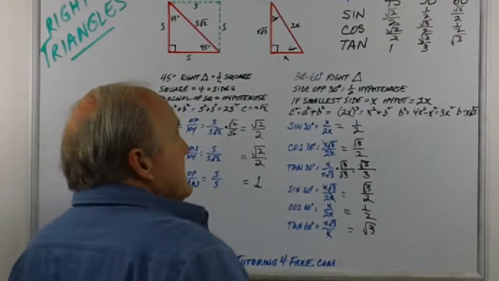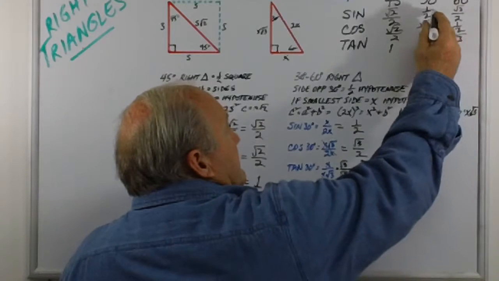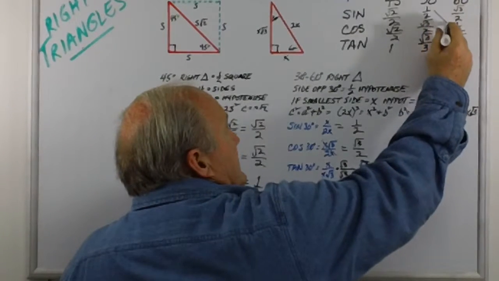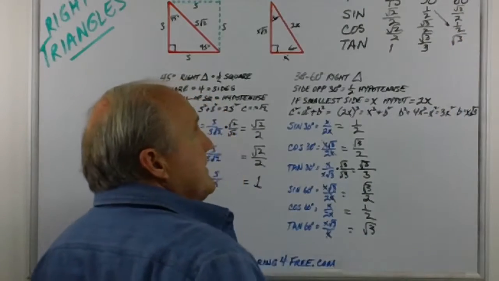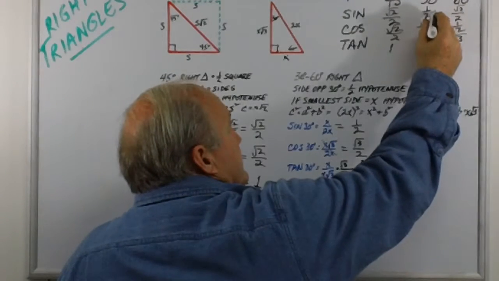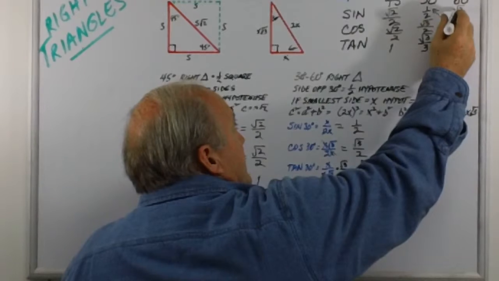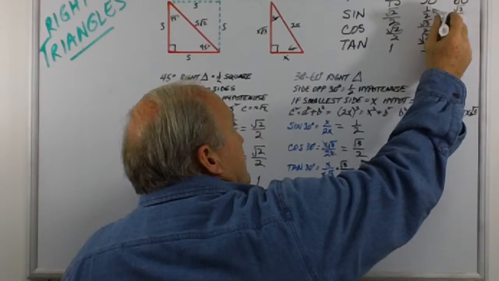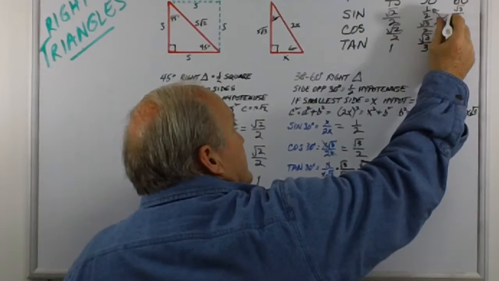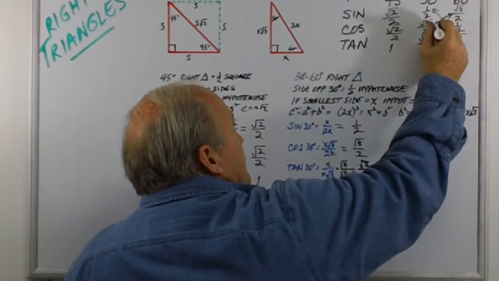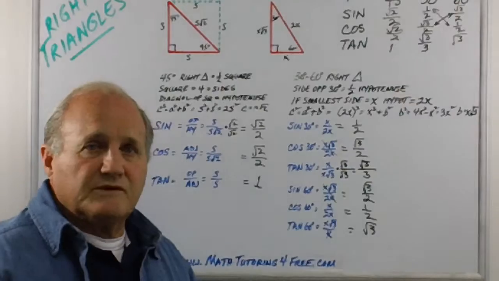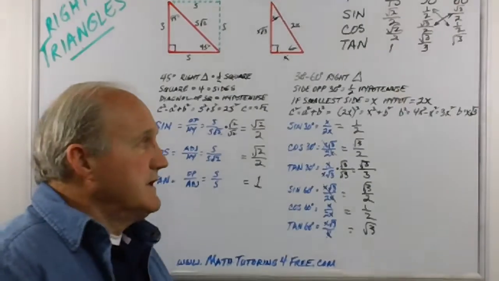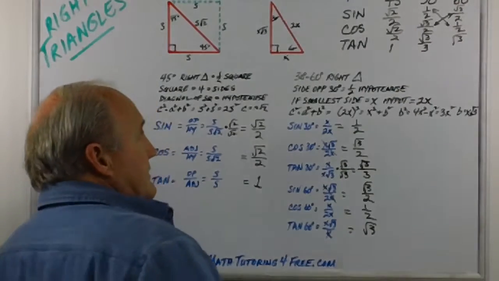You notice the sine of 30 degrees is equal to the cosine of 60 degrees, and it's just the opposite: the cosine of 30 degrees is equal to the sine of 60 degrees. So notice that those two switch, they're counter to each other.